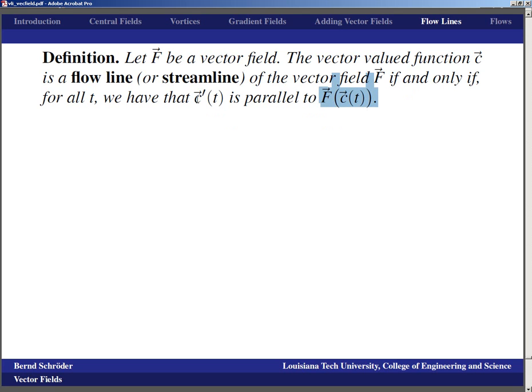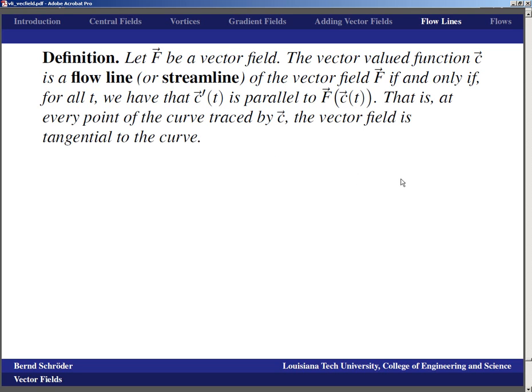I just say parallel because the velocity may have a bigger magnitude than this vector field. It may not be compatible at all, but we want to have parallelity, because basically that means that at every point of the curve traced by c, the vector field is tangential to the curve.